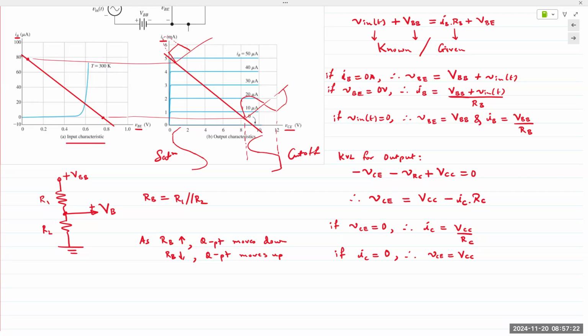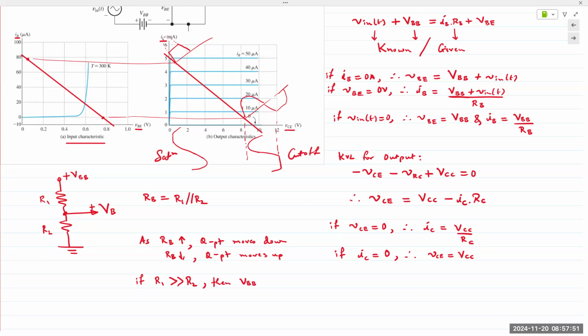Taking this one step further, I have just a few minutes left. Voltage divider biasing: RB is equal to R1 parallel R2. If you're using two resistors, and R1 is much, much larger than R2, then your VBB decreases.